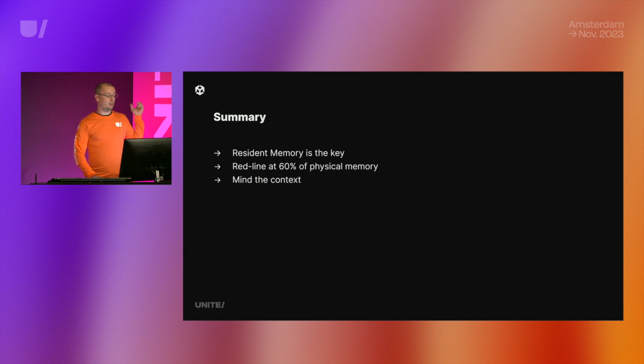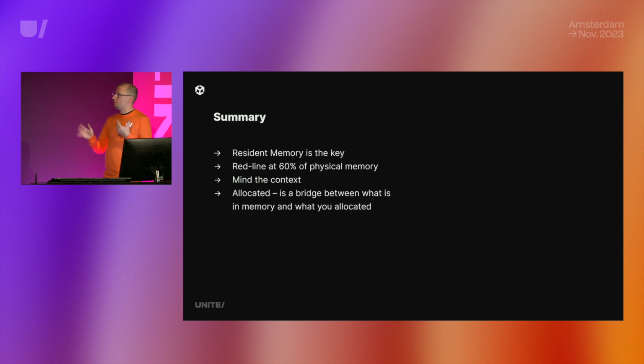Mind the context. As I mentioned, each category needs to be looked at, so there is no silver bullet. Different categories require different approaches. Sometimes you need to pay attention to resident only and ignore allocated entirely. Sometimes both are important. Remember, the moment you touch any object, it becomes resident. And with so much focus on resident, you might wonder why we keep allocated at all.